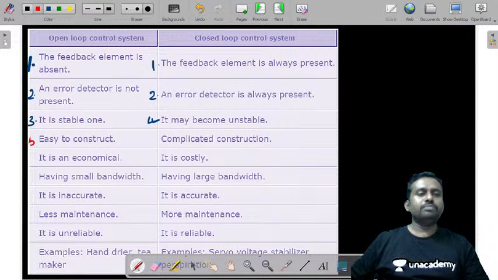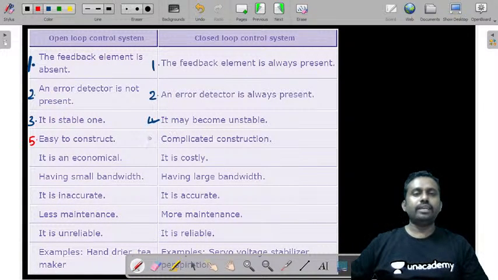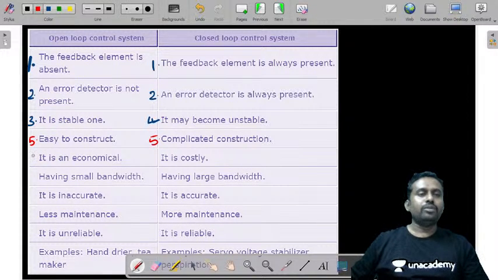Open loop systems are easy to construct, and closed loop systems are complicated in construction. From an economical point of view, open loop systems are more economical than closed loop systems. And open loop systems have a very small bandwidth, whereas closed loop systems have a much larger bandwidth.